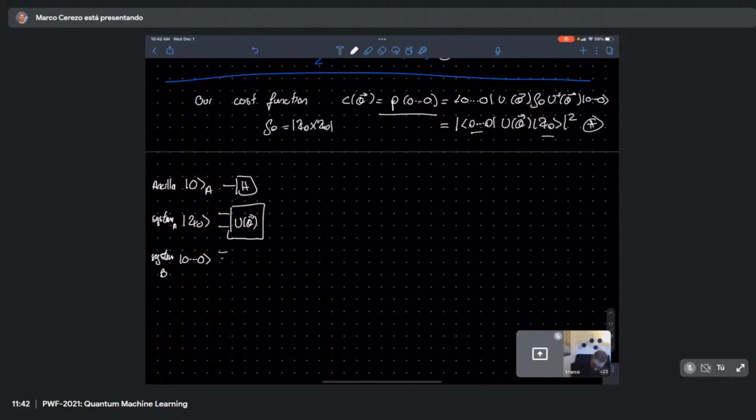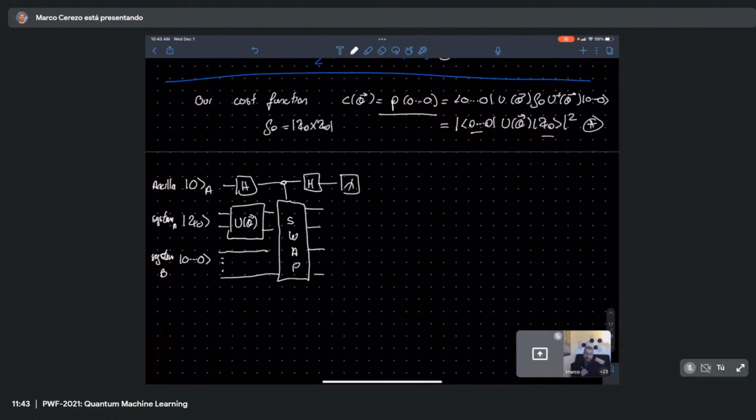We take all of those qubits in 0, we just leave them as is. And here we said we control the swap operator. We do another Hadamard to complete the Hadamard test, and we measure. So this is a circuit that allows us to compute that cost function that we had up there, this cost function right here.